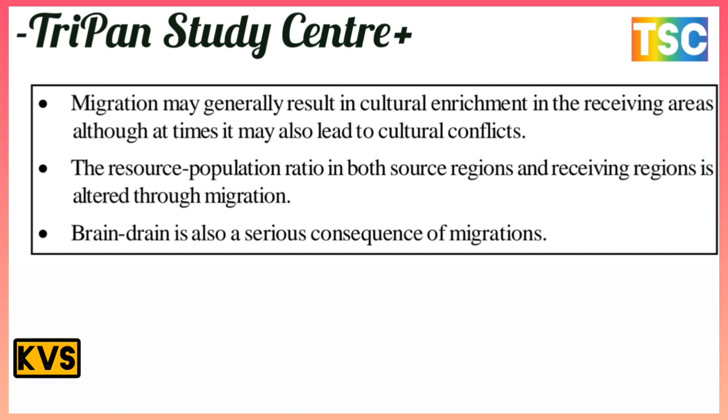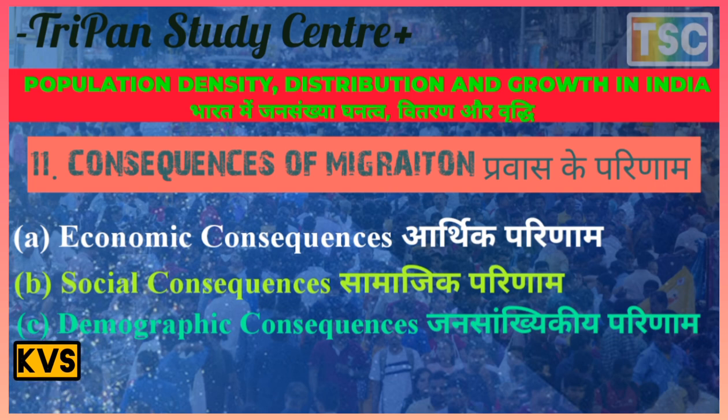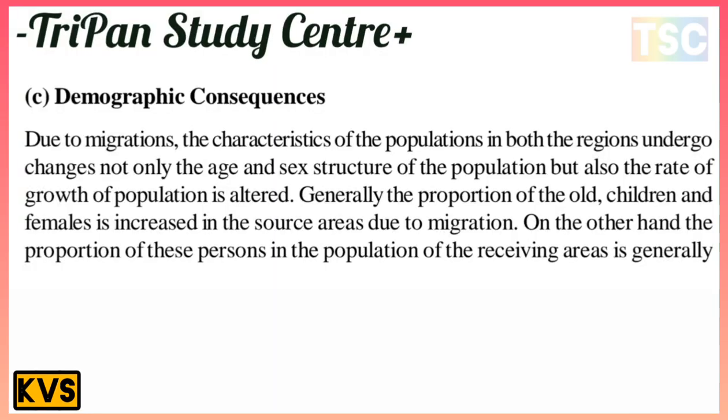And brain drain is also a serious consequence of migration. The next important point is the third point, demographic consequence. Due to migration, the characteristics of population in both the regions undergo change, not only the age and sex structure of the population but also the rate of growth of population is altered.